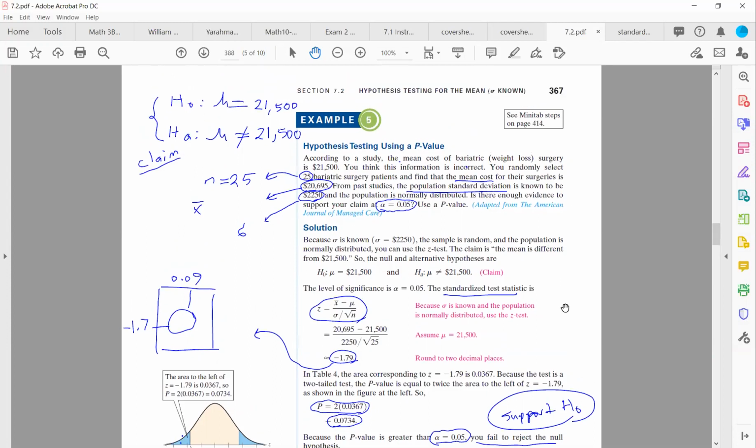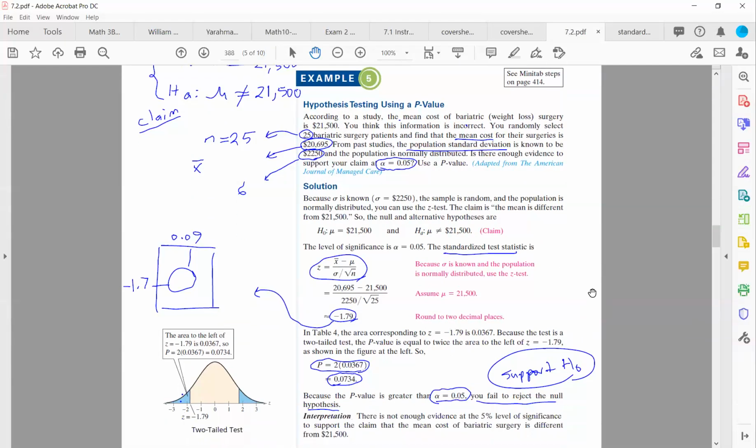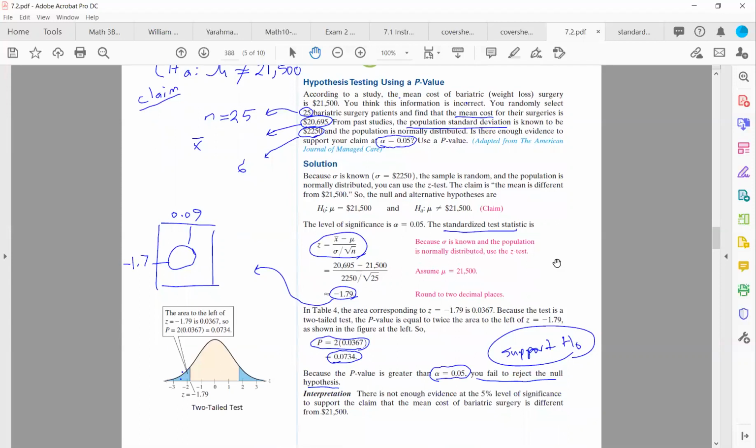It means that with the information that we have, we reject the claim. So you can say that there is not enough evidence at the 5% level of significance to support the claim that the mean cost of the surgery is different from 21,500.